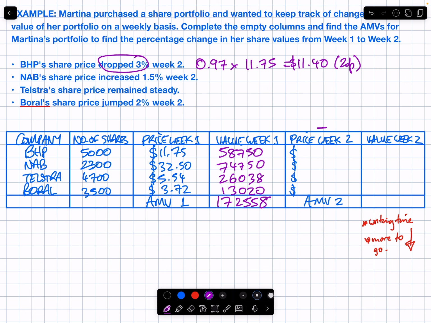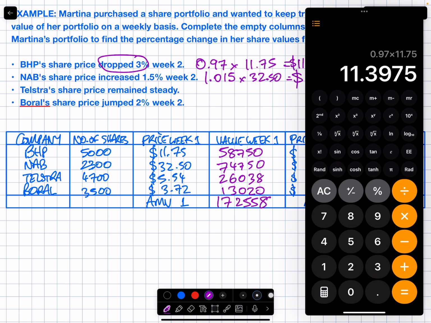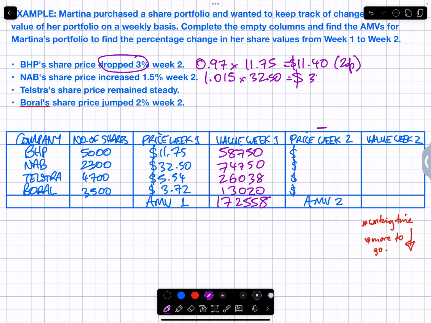NAB's share price increased 1.5%. If something's increased by 1.5%, it's 101.5% of what it used to be. So it's 1.015 times $32.50 equals 1.015 times $32.50, $32.99.